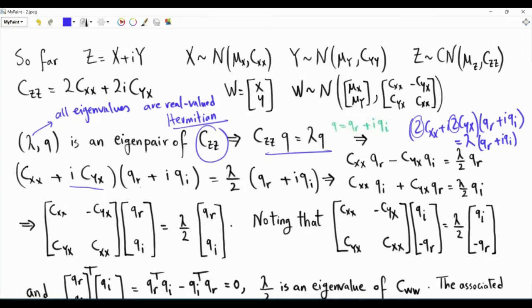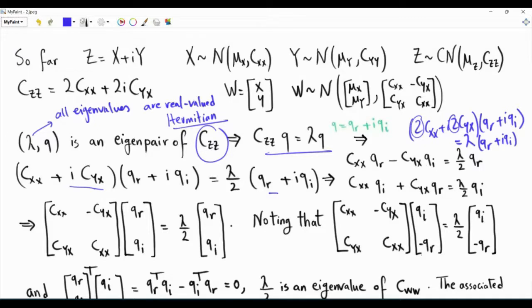Now, multiply these two brackets and equate the real part on the left-hand side with the real part on the right-hand side, and do the same for the imaginary part. Doing this, we get the following two equations. CxxQr minus CyxQi is equal to lambda over 2 Qr, and CxxQi plus CyxQr is lambda over 2 Qi.